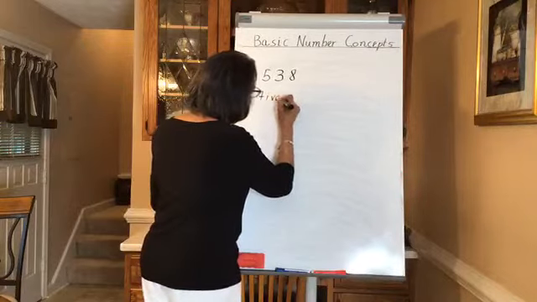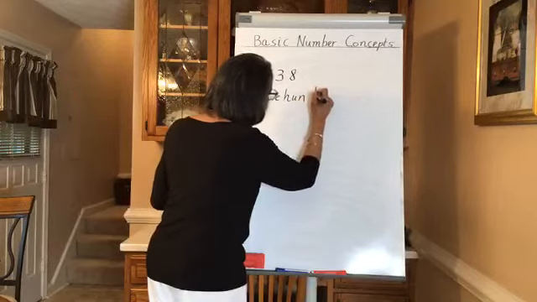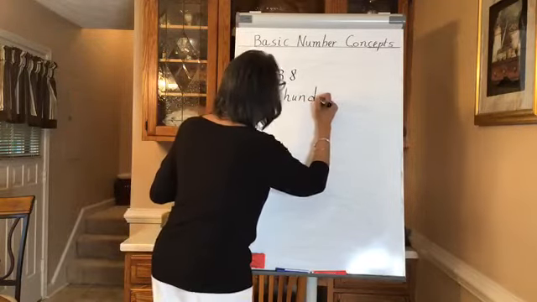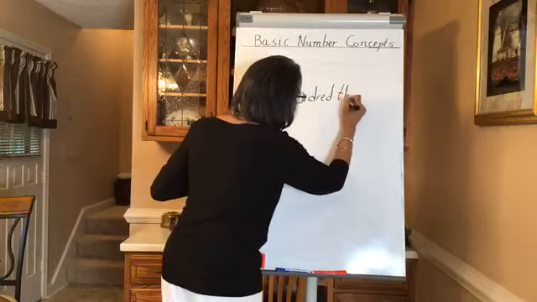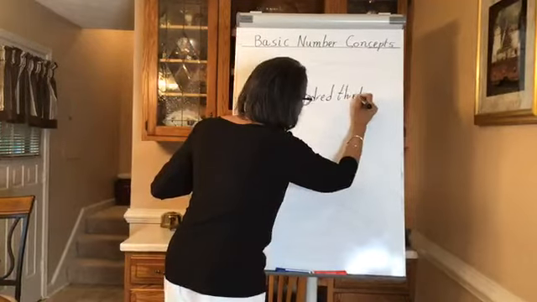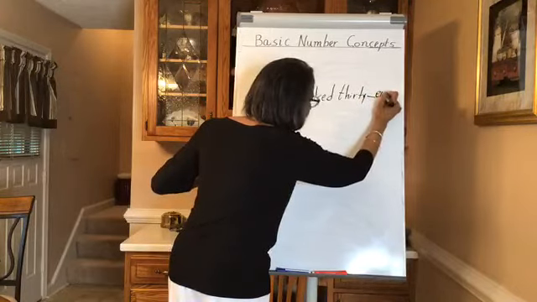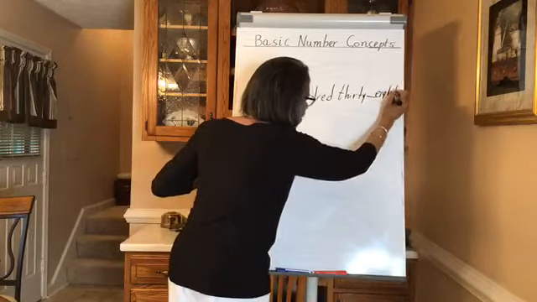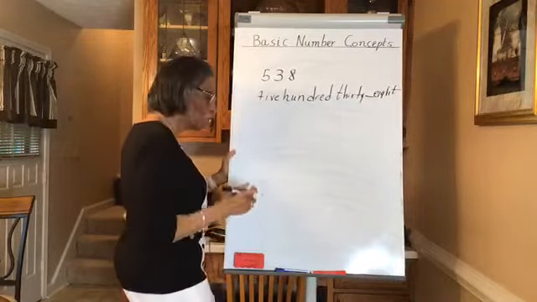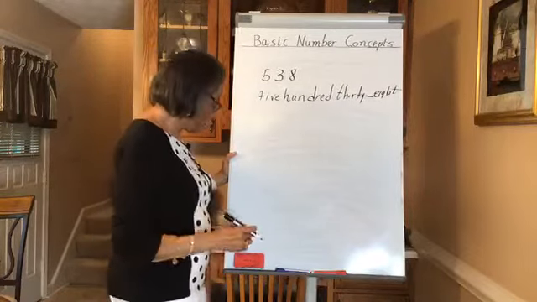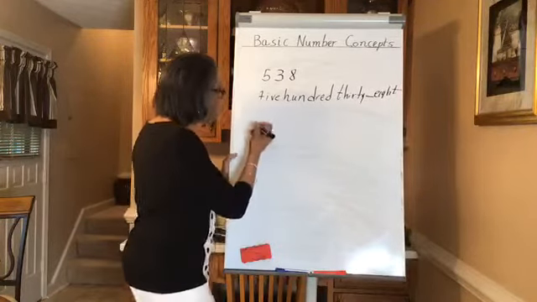This is in the ones family. 500. 30, THIRTY, hyphen 8, EIGHT. All right, 538. It's ones family, so we don't say ones. We just say 538. All right, now let's do another number that's a little bigger.